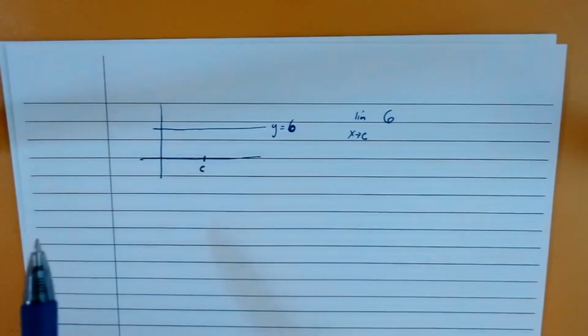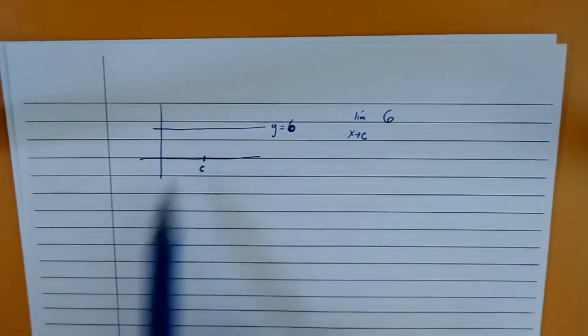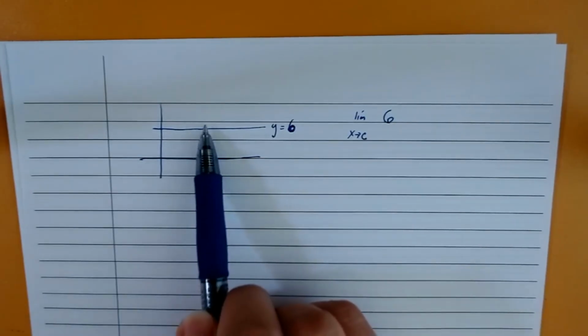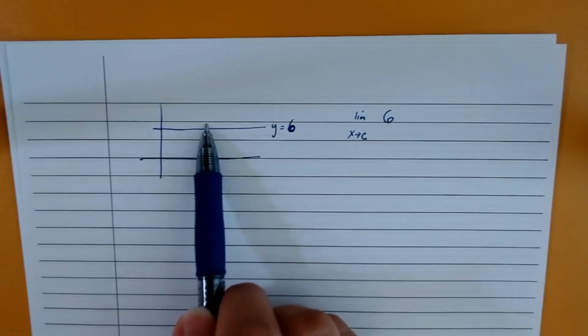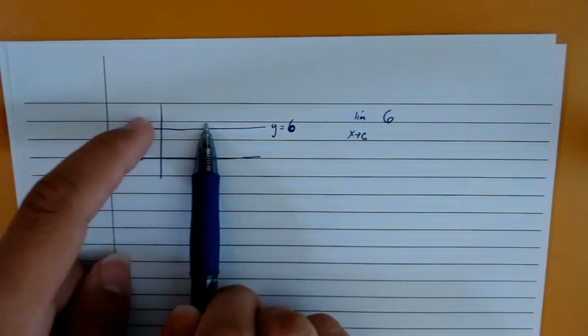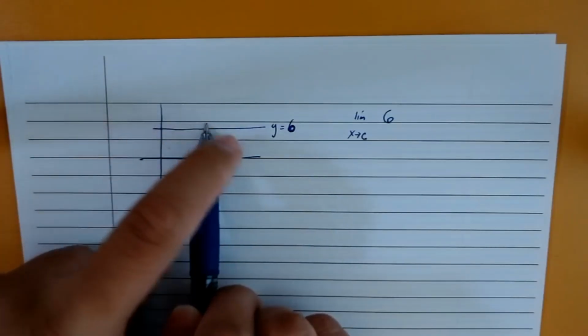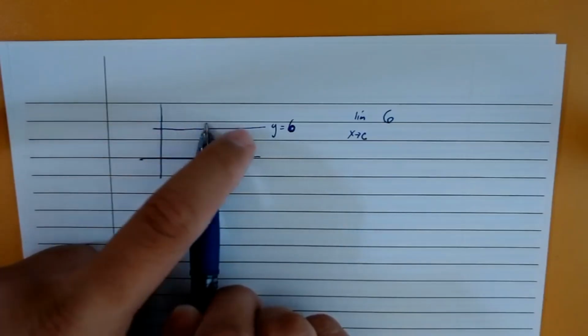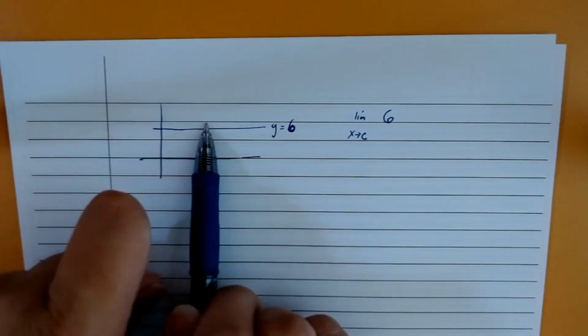Well, notice that if I cover up this point and say, okay, I don't know what happens at that point. Now, I do, but again, for the limit, you don't actually ever plug in the point. You don't ever actually say what happens at c. You say what happens as you get closer to c. Notice that in this situation, this is a constant. Even if this point wasn't there, I would still have the pattern that every other value of x always has a value of 6 for y.